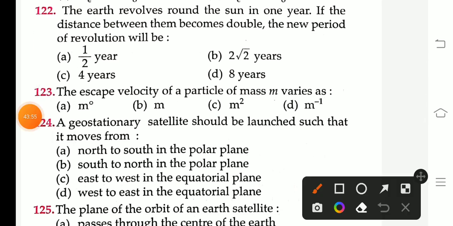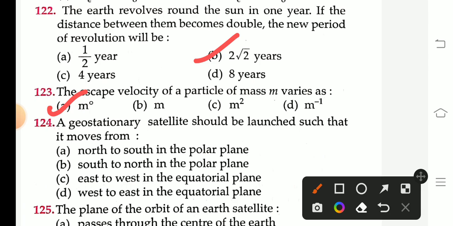The Earth revolves round the Sun in 1 year. If the distance between them becomes double, the new period of revolution will be 2 root 2 years. The escape velocity of a particle of mass m varies as m0.